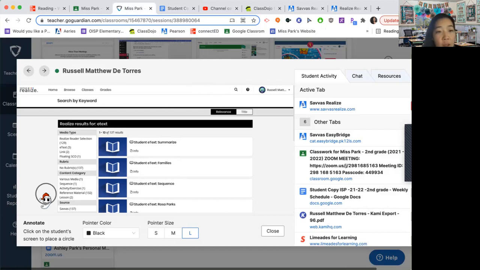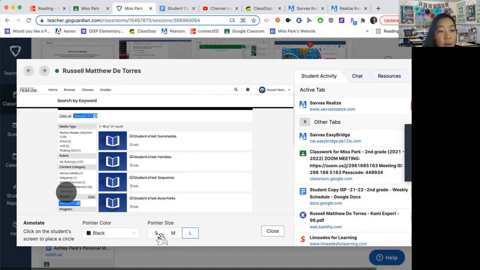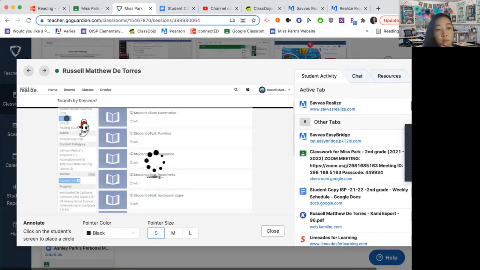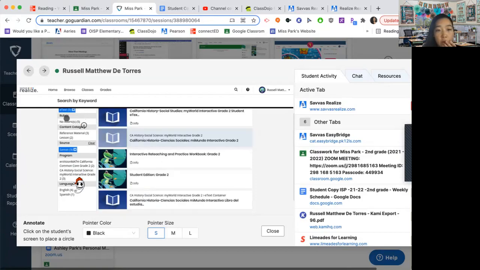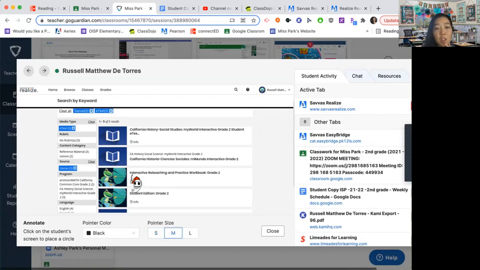Okay. Now click on Savvas. I guess Savvas would be just your math anyways. Oh, right here, click eText. Right here, hold up. Click on eText. That one, where it says 5. There it is. So that's how you're going to find it. And then click on the one that says interactive reteaching and practice workbook grade 2.